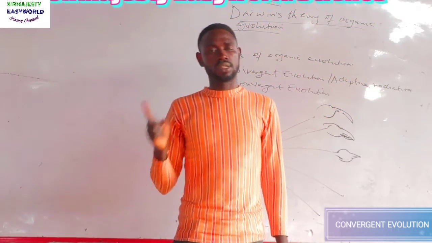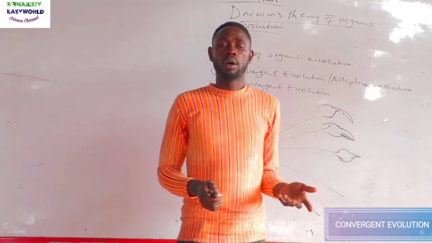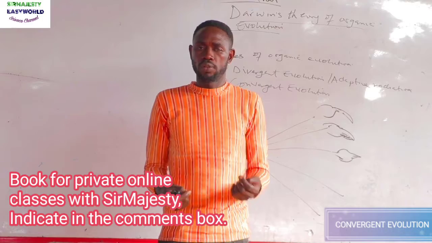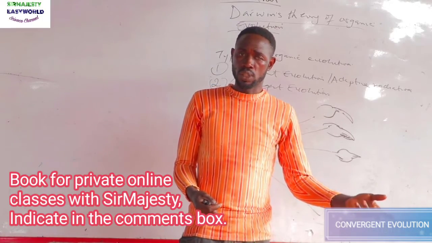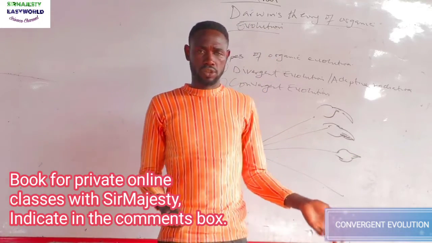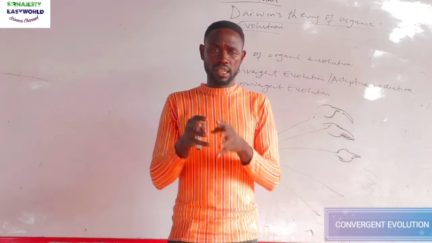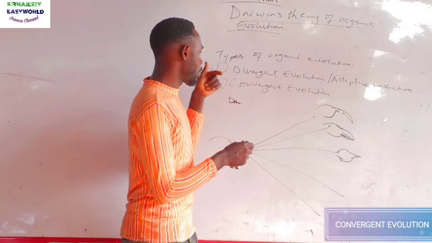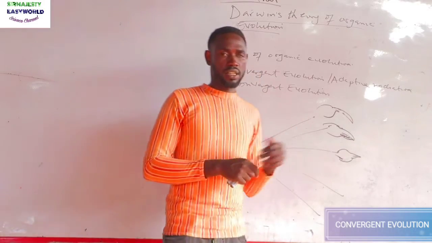Bat is not a bird, rather bat is a mammal. Birds have feathers. Bats have hairs, which is a feature only found in mammals. So with this, I believe we are now clear about these two types of evolution, convergent evolution and divergent evolution.